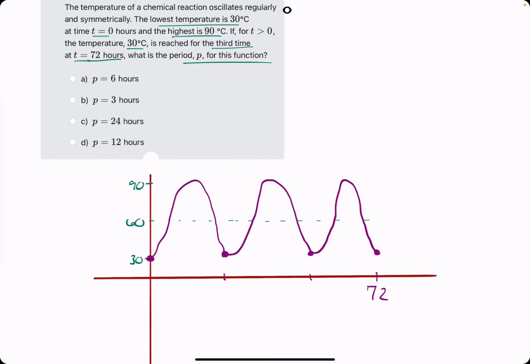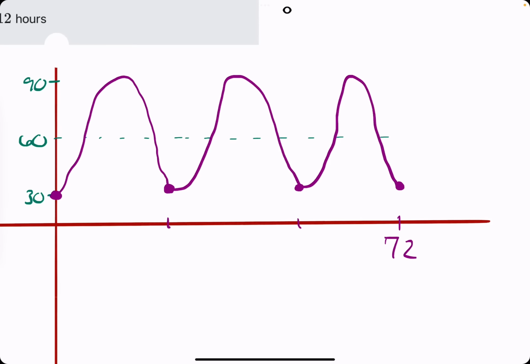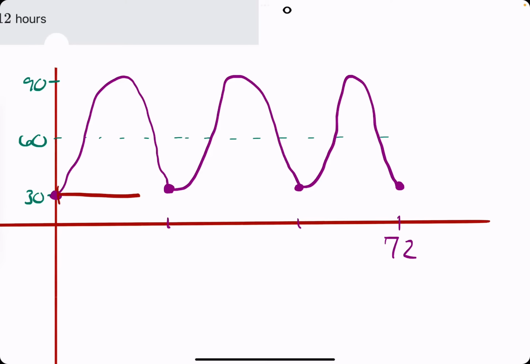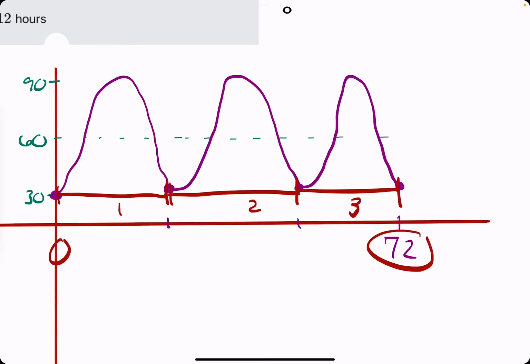What is the period for this function? Clearly, we can see a period length by looking from here to here, or from here to here, or from here to here. We have three perfectly spaced intervals from 0 to 72.